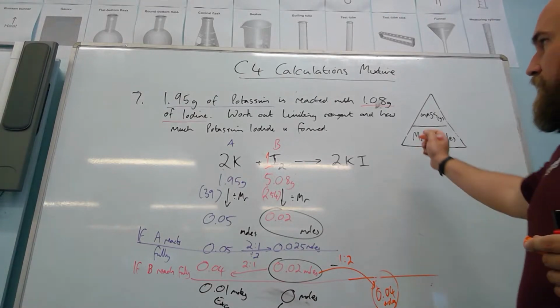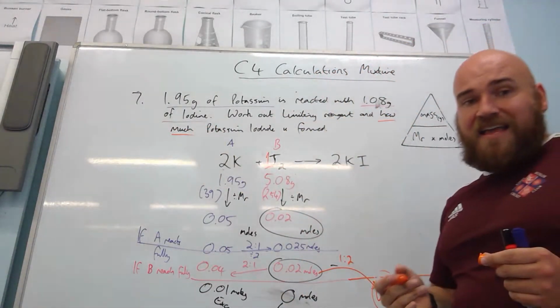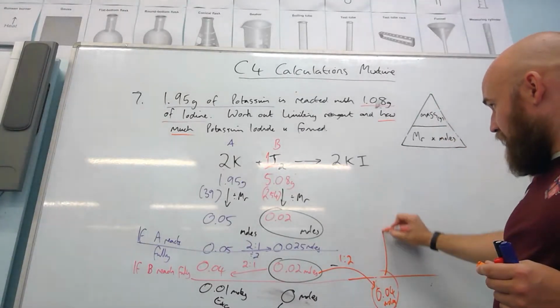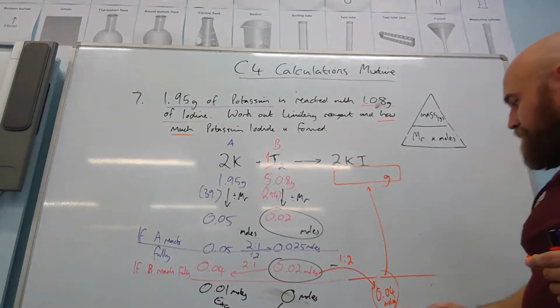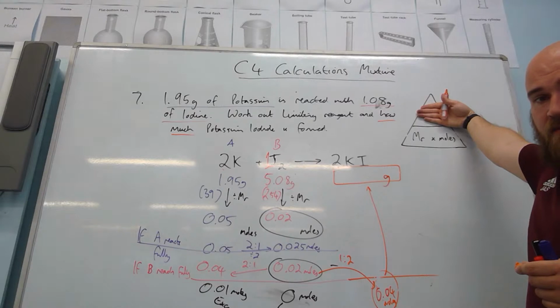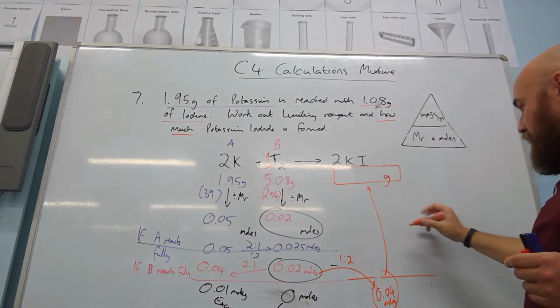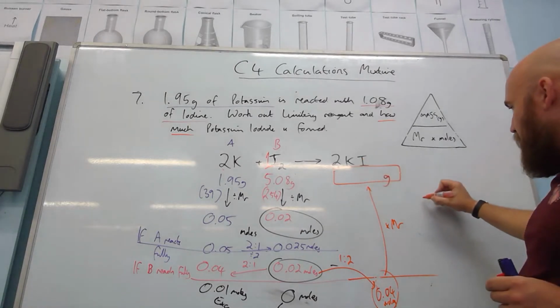So I know that I should end up with 0.04 moles, but that's not the end of the question, because we were asked how much potassium iodide, i.e. the mass of it. So to work out how many grams of this thing, cover up grams, I need to times the number of moles that's formed by the MR. So what is the MR of KI?